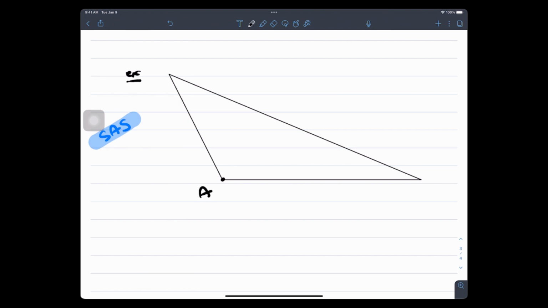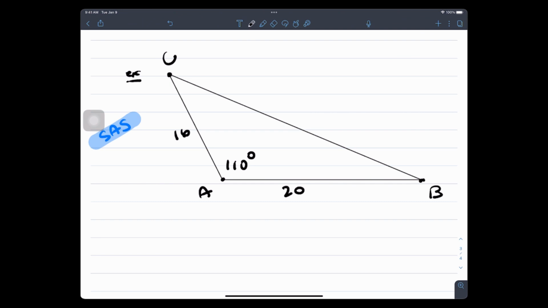Of course, A, B, C. This is now 110 degrees. This is 16, and this is 20 here.